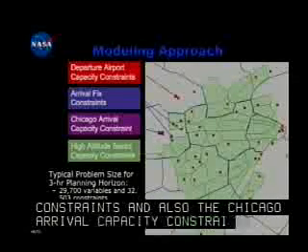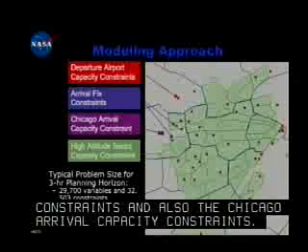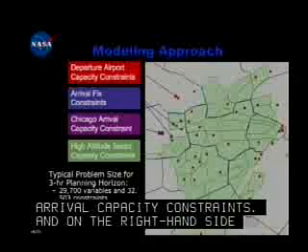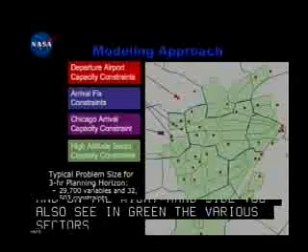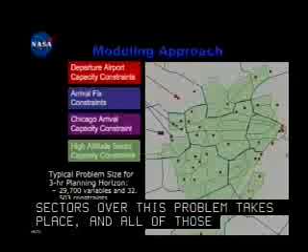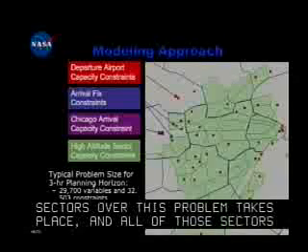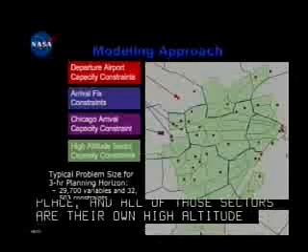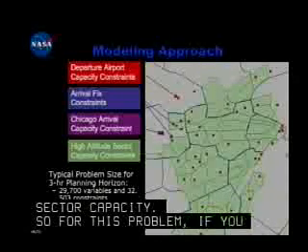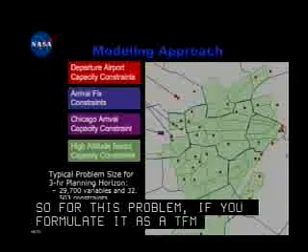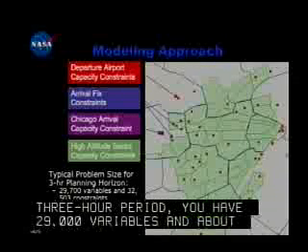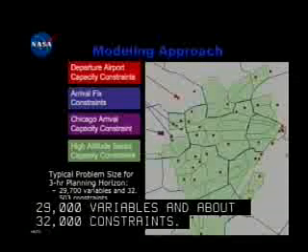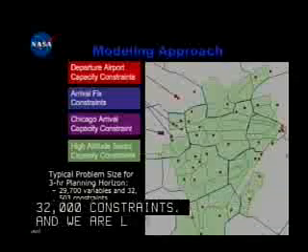And on the right-hand side, you also see in green the various sectors over which this problem takes place, and all of those sectors have their own high-altitude sector capacity. So for this problem, if you formulate it as a TFM optimization problem for a 3-hour period, you have 29,000 variables and about 32,000 constraints, and we are looking at 99 flights at 51 airports and 201 sectors.